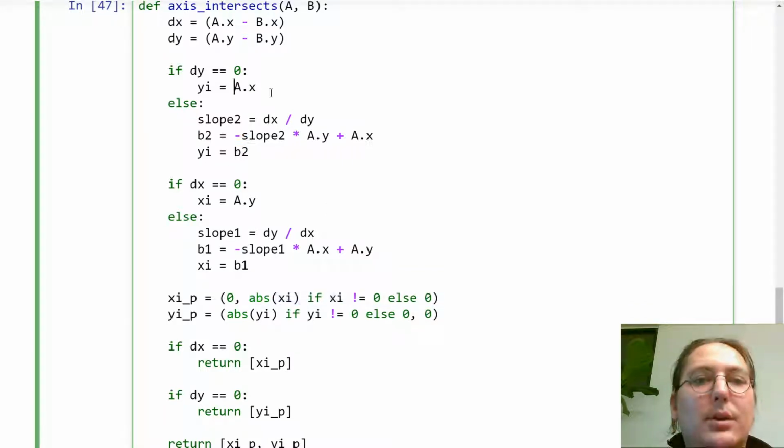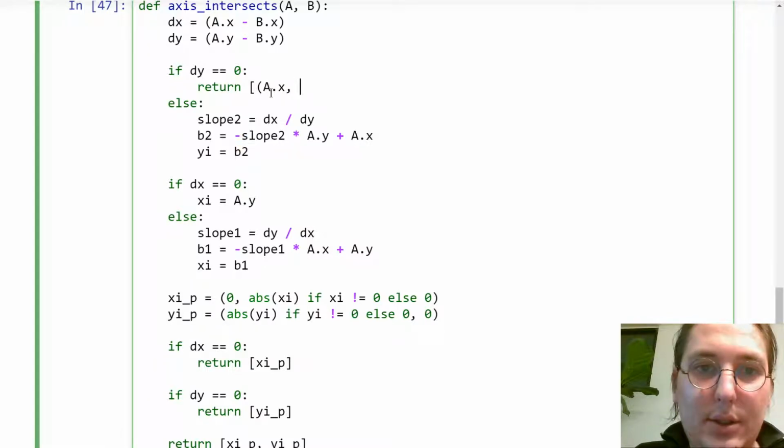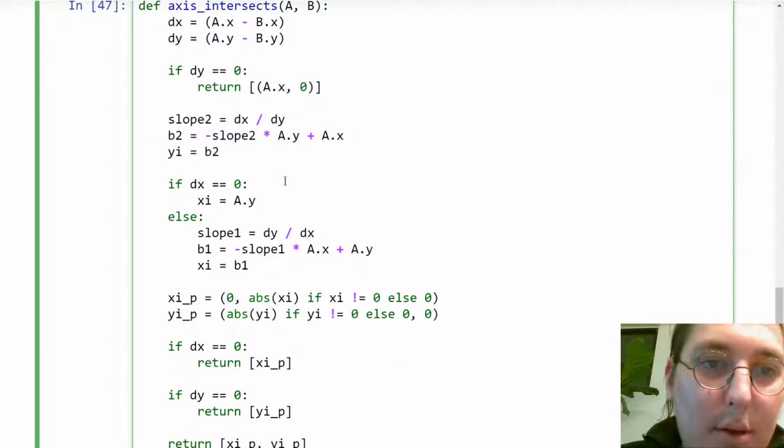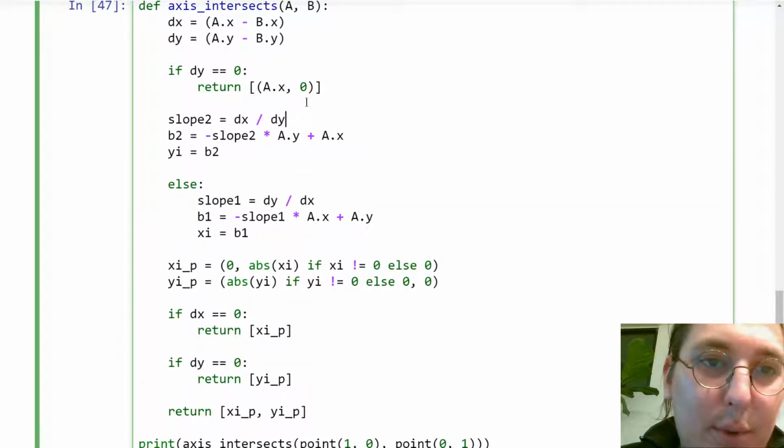Okay, let's do that. Let's treat this as a separate problem. So the y-intercept is here, and I guess we can also pull this up.